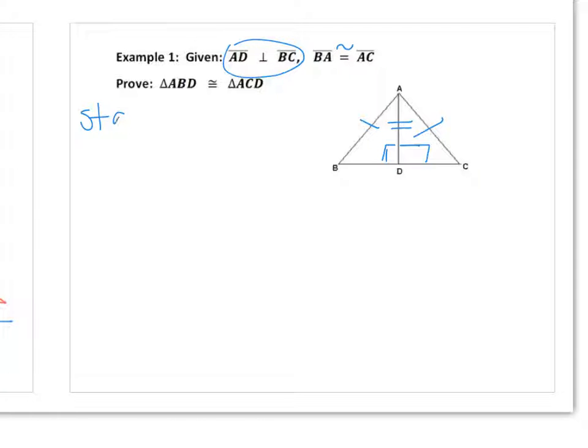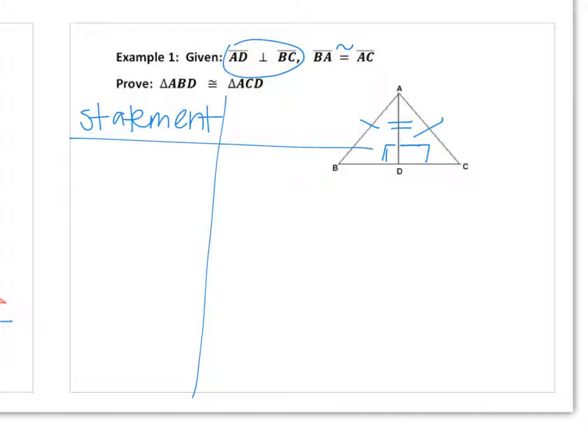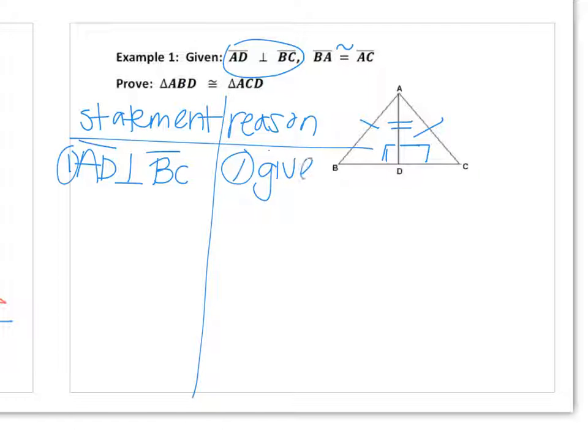So if I'm looking at the statements, AD is perpendicular to BC, given. Always after perpendicular, we state which angles are right angles. Looking at this picture, if AD is perpendicular to BC, then we know that angle, what letter's in the middle?